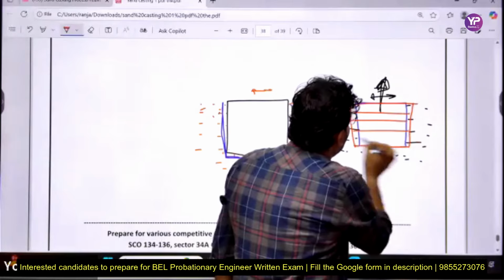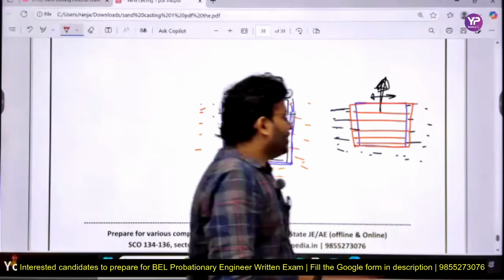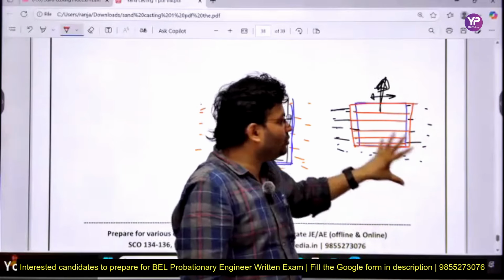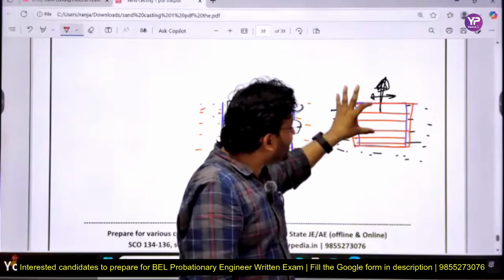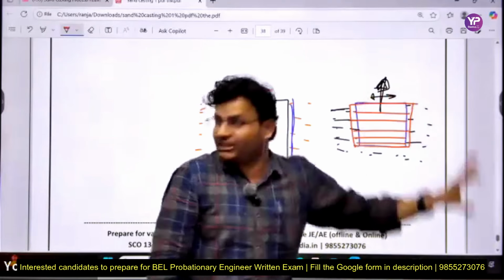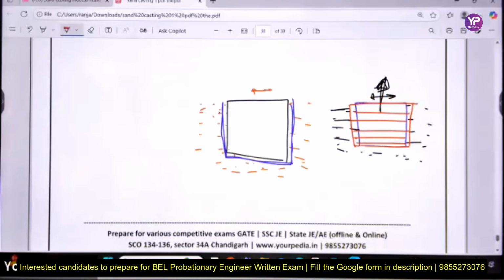Tell me, is your pattern smaller than the actual product or larger? Everyone can say.